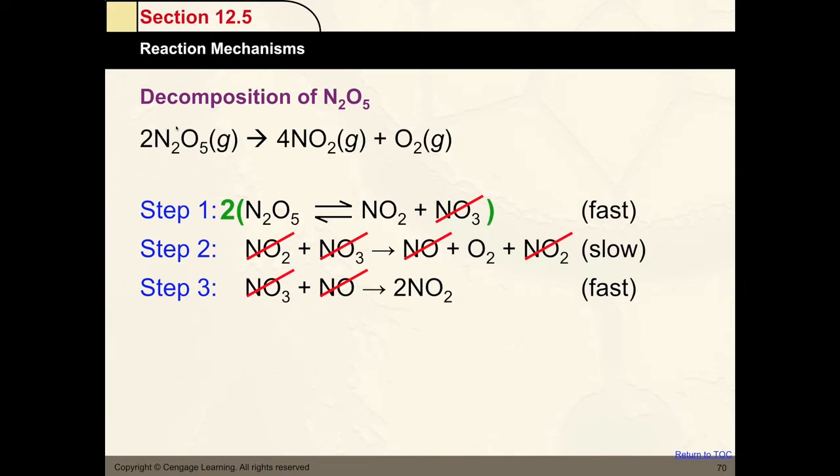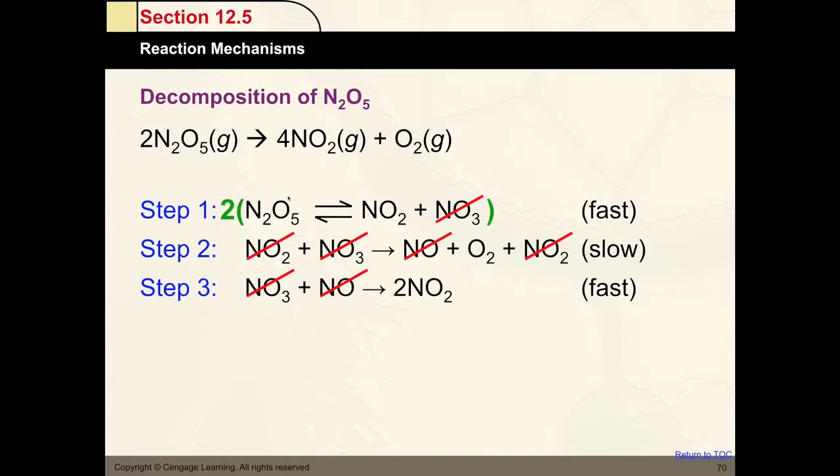There we go. There's that third step. So what you can do is you can take a look at 3 baby steps, so to speak, that can be combined and interacted to make that one overall final reaction step.